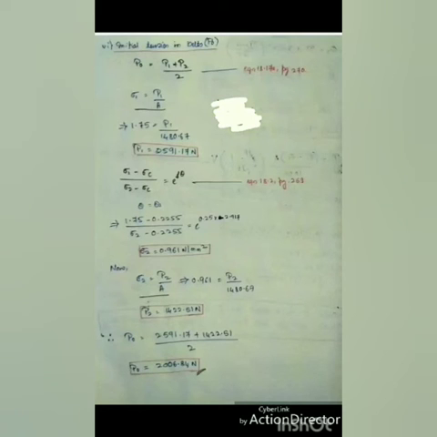So 1.75 equals P1 by the cross-sectional area you already calculated. This cross-sectional area is for the belt. Using this you got the value of P1 equal to 2591.17 Newton.